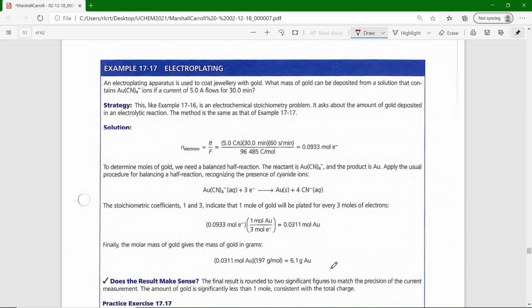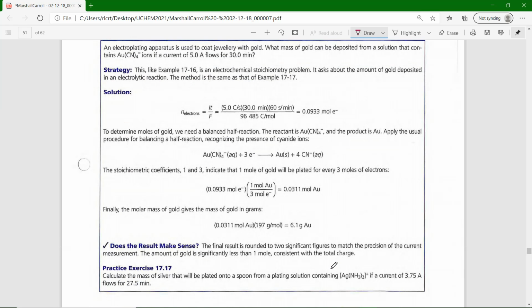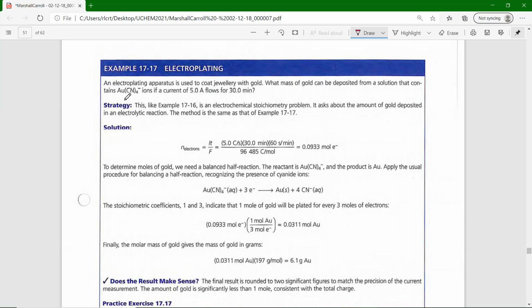We can coat some jewelry with gold. What mass of gold can be deposited from a solution that contains gold cyanide ions if the current flows 5 amps for 30 minutes? Okay, so this is similar to one I just did, right? The moles of electrons: you have the current, 5 coulombs per second, 30 minutes converted to seconds, divided by Faraday's constant. So I got 0.0933.